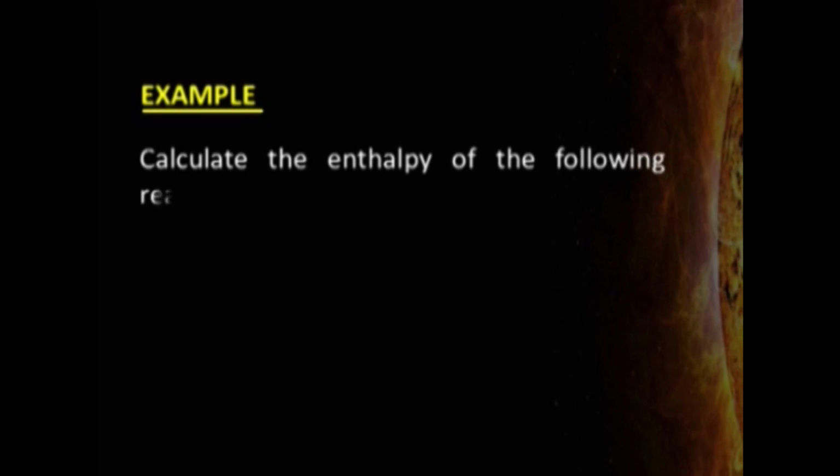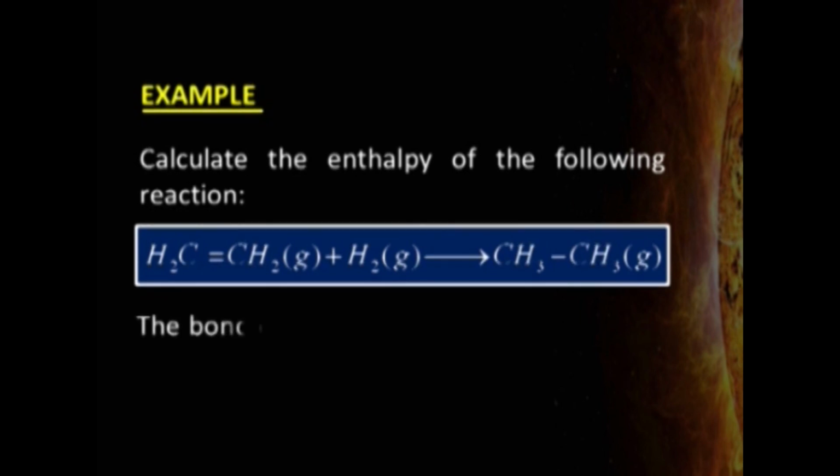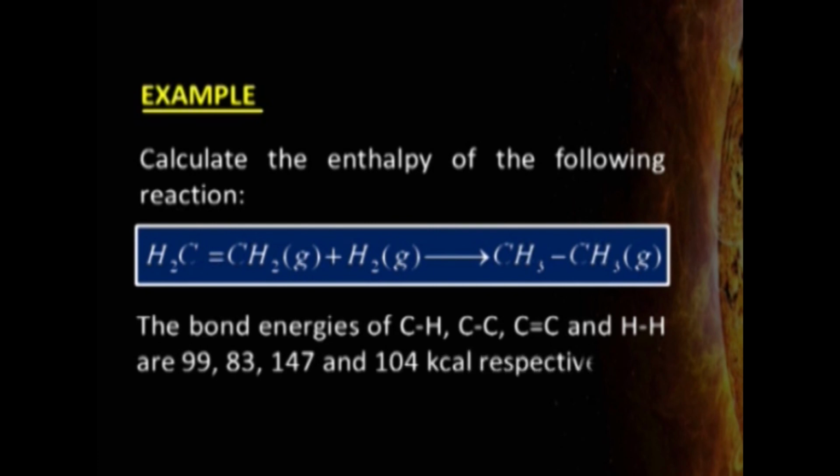Calculate the enthalpy of the following reaction: CH2=CH2, that is ethene gaseous, plus gaseous hydrogen, giving you ethane CH3CH3 gaseous. The bond energies of carbon-hydrogen, carbon-carbon, carbon double bond carbon and hydrogen-hydrogen are 99, 83, 147 and 104 kilocalories respectively.